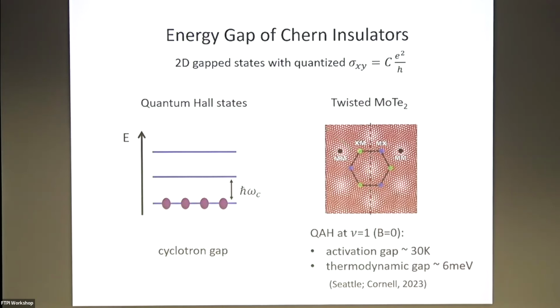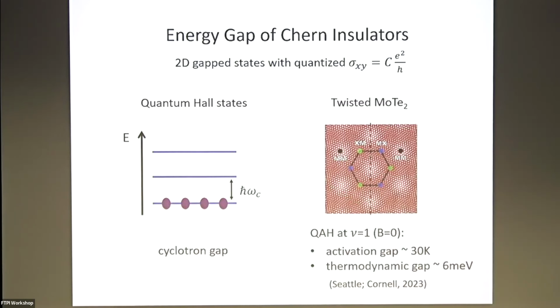Now we also know that in recent decades, Chern insulators were discovered in various materials in zero magnetic field. One recent example is twisted semiconductor MoTe2. Here, at zero field, the quantum anomalous Hall states were found at filling factor 1, and even fractional quantum anomalous Hall states were observed at fractional fillings.